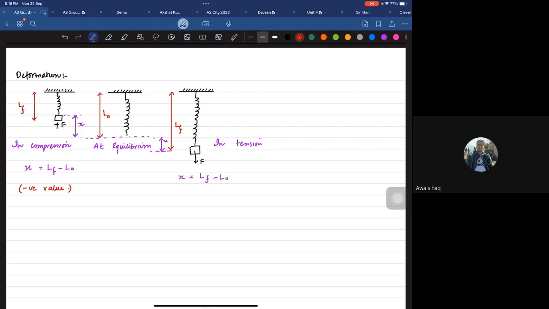And this will give you a positive value. And this is how you will know that in tension, the final length will be higher than the initial length. Please let me know if you have a question here. Okay. No.